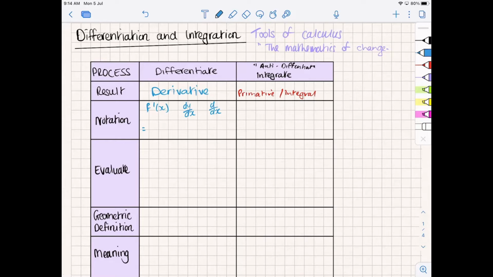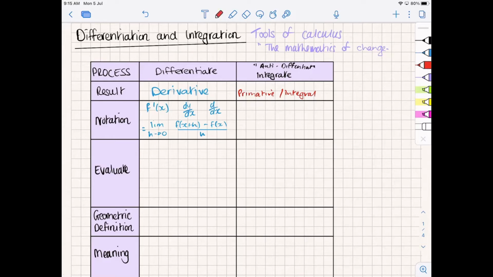I'll give you a clue: it starts with a limit. The limit as h tends to 0 of f of x plus h minus f of x, all over h. The whole point of the derivative is that we want to approximate what this is going to be as that tiny change in x becomes smaller and smaller and approaches 0.